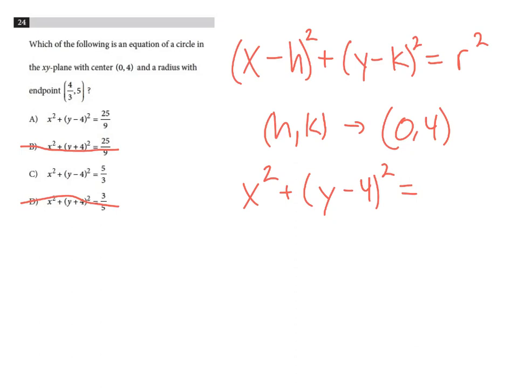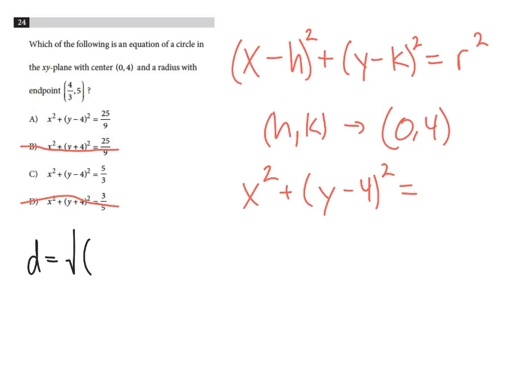Well, the radius is going to be the distance from the center to the endpoint. Okay, and we're going to use the distance formula. Make a note off to the side here. Distance is equal to the square root of (x minus x1) squared plus (y minus y1) squared, either way.